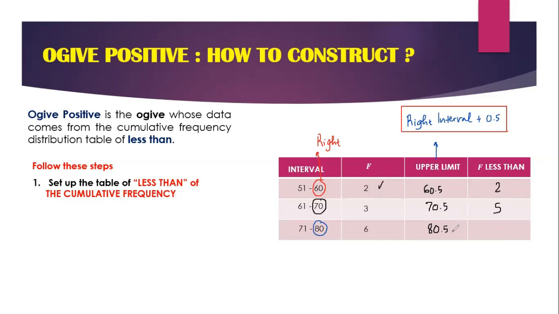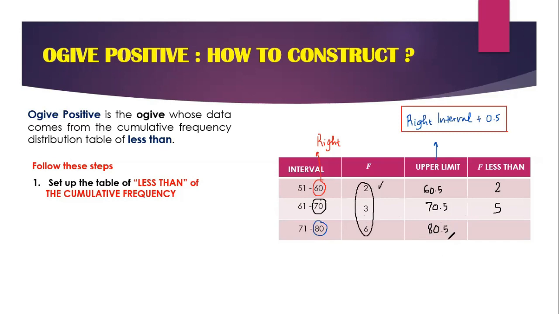Now we go to the third row. What about the cumulative frequency less than 80.5? Less than 80.5 means 2, 3, and 6, right?